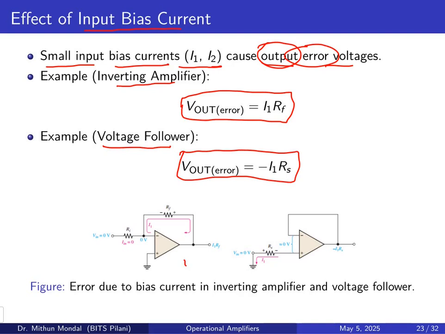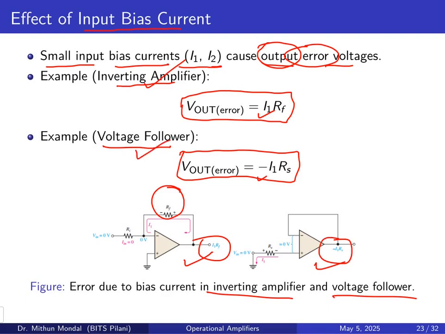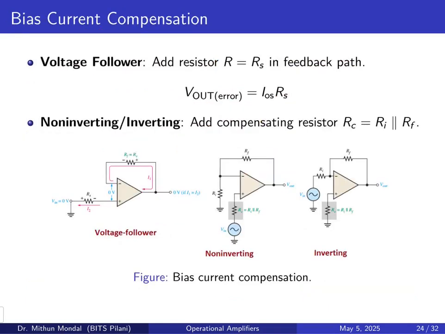So here you can see the circuit for the inverting amplifier and the voltage follower. So the current I1, which is the bias current, and the feedback resistor Rf will be introducing an error I1 into Rf at the output for the inverting amplifier, and minus I1 into Rs will produce an error at the voltage follower. We need to compensate this bias current.